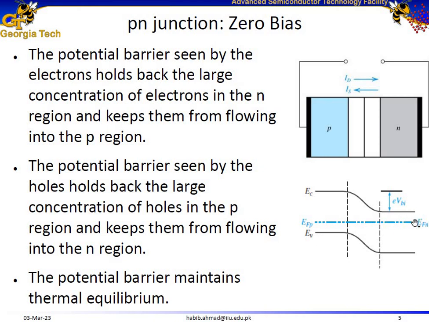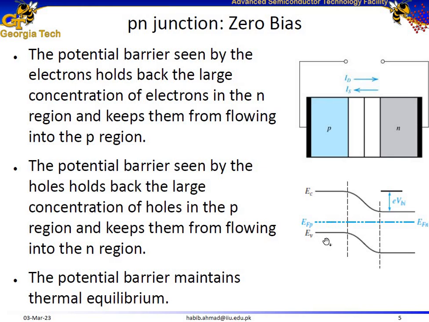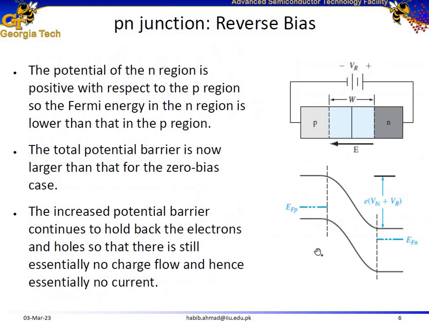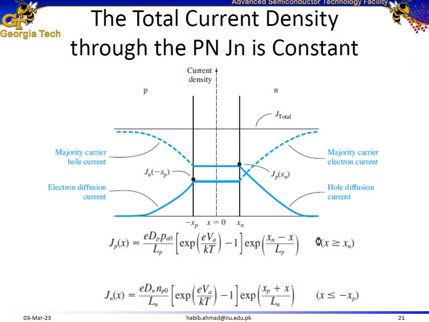In normal cases, when it's inside the band gap, we call it non-degenerately doped. But when it crosses the conduction band or valence band, we call it degenerately doped, or very heavily doped semiconductor.